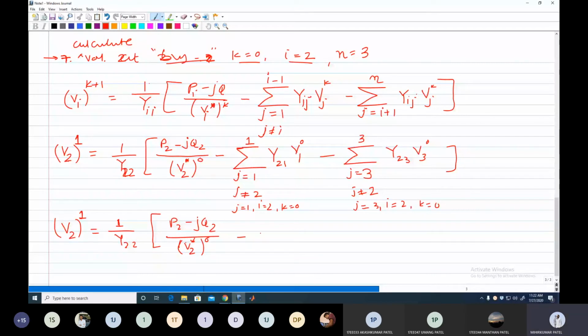Just open the summation and you will get y21 V1, sorry, here it is k plus 1. So write V1 k plus 1, and here it is Vk for the jth bus.